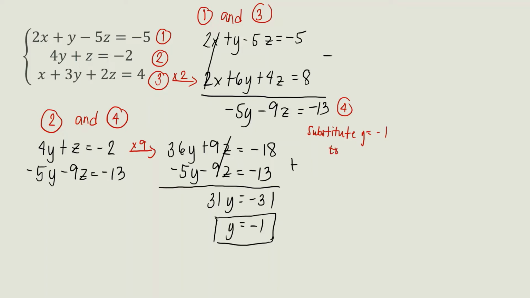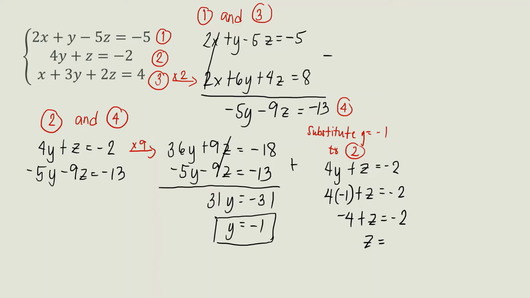Let's copy equation 2: 4y plus z is equal to negative 2. Let's change y to negative 1, so 4 times negative 1 plus z is equal to negative 2. So you have negative 4 plus z is equal to negative 2. If we transpose negative 4 to the other side, you will have negative 2 plus 4. So that's why you get z is equal to 2.